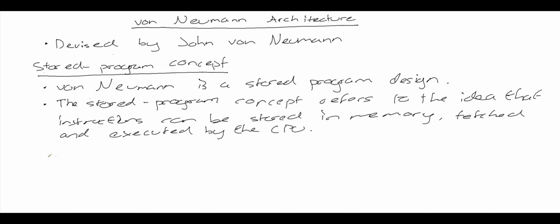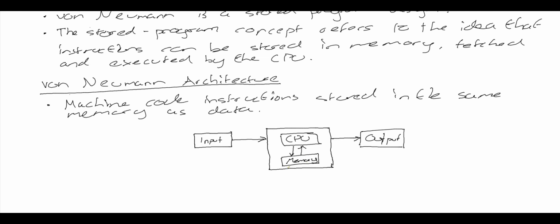Okay, so let's move on to looking at the details of von Neumann architecture then. The defining characteristic is that the program instructions, so your machine code instructions, are stored in the same memory as the data that you're operating on. So a really simple diagram of what a von Neumann machine might look like is this.